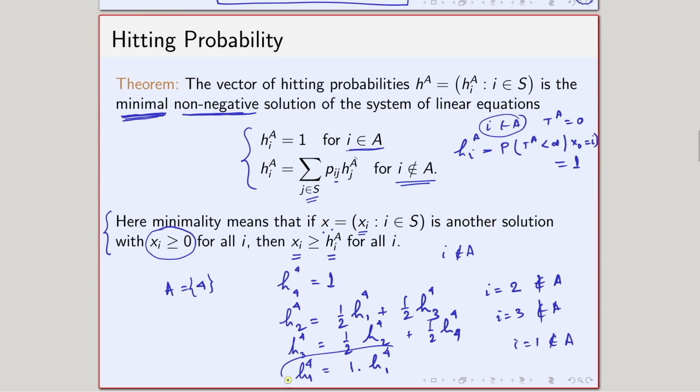So this is not giving me any constant, it is only saying that H_1^4 equals H_1^4. That's why this is not giving any kind of condition there.